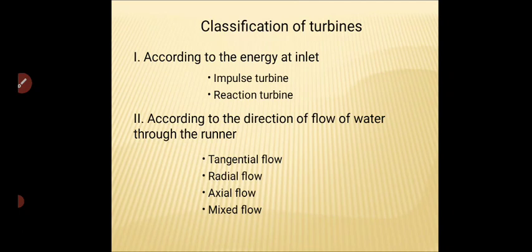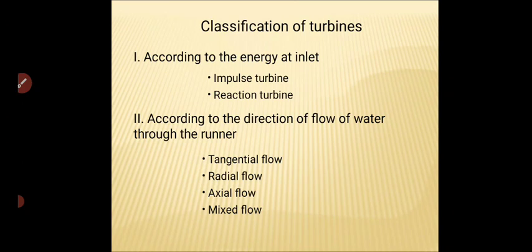Example of inward radial flow turbine is old Francis turbine. Outward radial flow turbine example is Fourneyron turbine. And next one is the axial flow turbine. The example of axial flow turbine is propeller turbine, Kaplan turbine and etc. And next one is the mixed flow turbine.